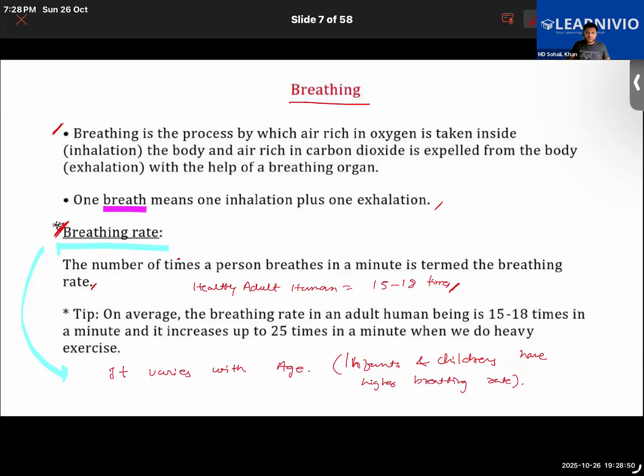Healthy adult human equal to 15 to 18 times.